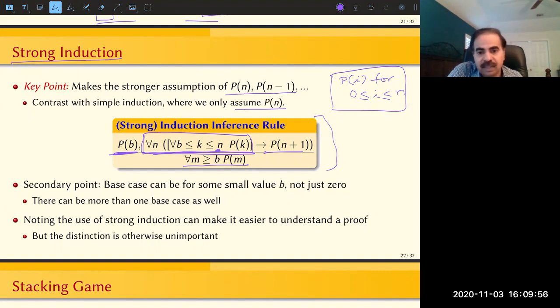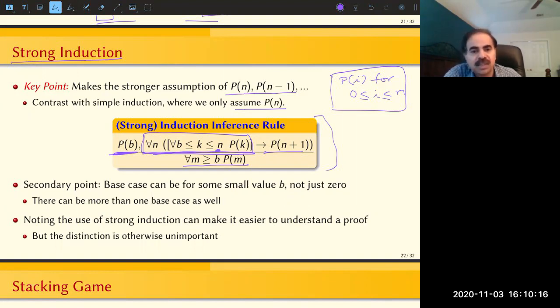There is no such thing. There are going to be situations where simple induction would work, and situations where you need the stronger assumption of strong induction. So it's useful to be aware of that, but don't worry too much.